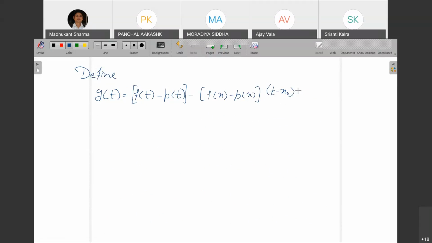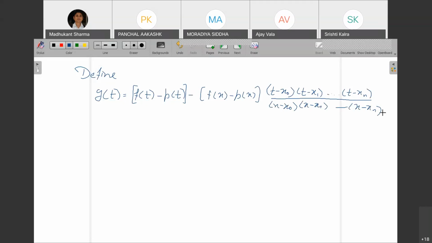This is defined to capture some properties and to derive the estimate. In a minute you will come to know why this new function is defined. The product terms are x minus x naught, x minus x1, and so on, x minus xn.